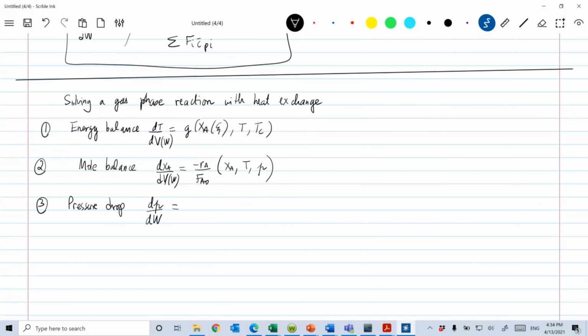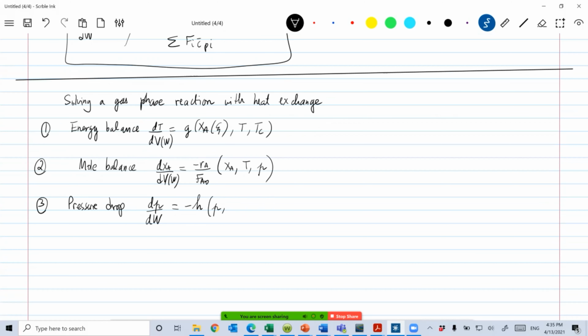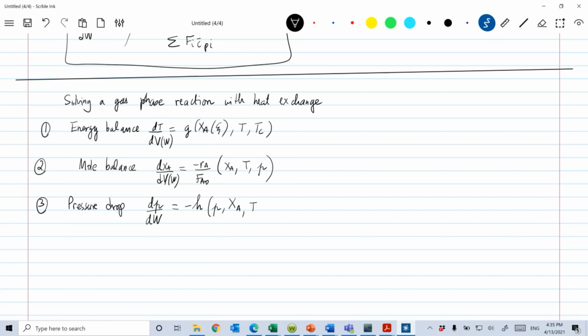Okay, let's say there's pressure drop. Then the pressure drop is some function of pressure, XA, for example, if the expansion factor is not 0, and temperature, right? Because XA has a temperature function.